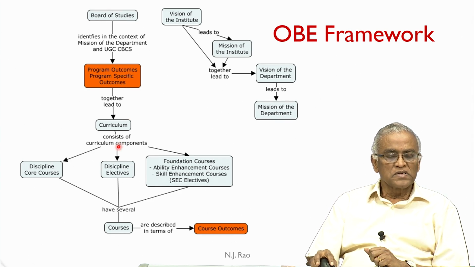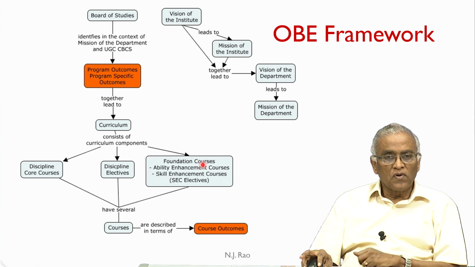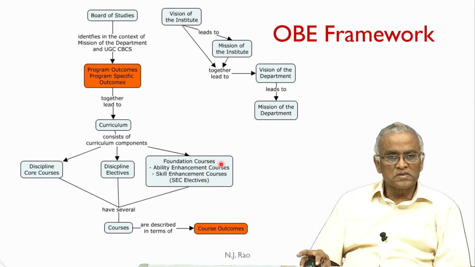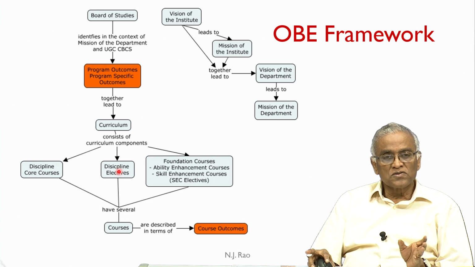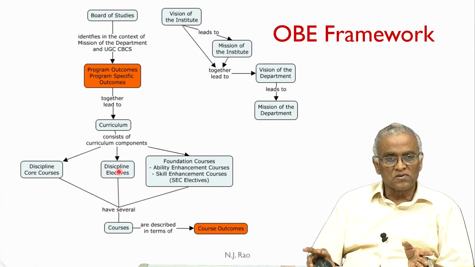Curriculum as per the UGC framework has three elements. One is discipline core courses, then discipline electives, and then you have what are called foundation courses, and foundation courses have ability enhancement courses and skill enhancement courses. Now if you look at the discipline electives and skill enhancement courses, these are electives. That means these courses are not necessarily taken by all students.